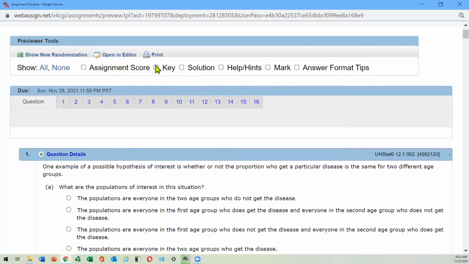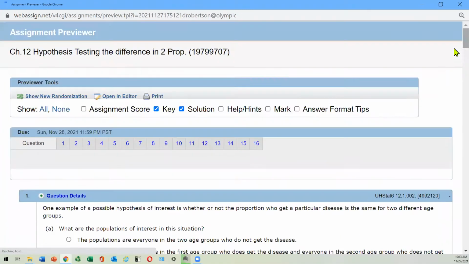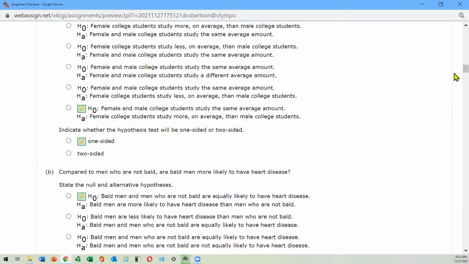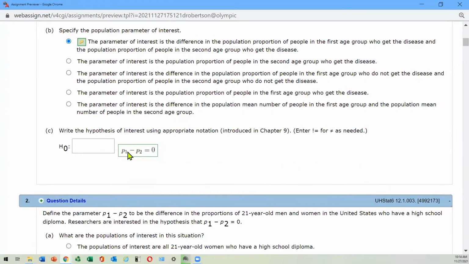I'm going to put on the key here, just to make sure. You may have to do subscripts.